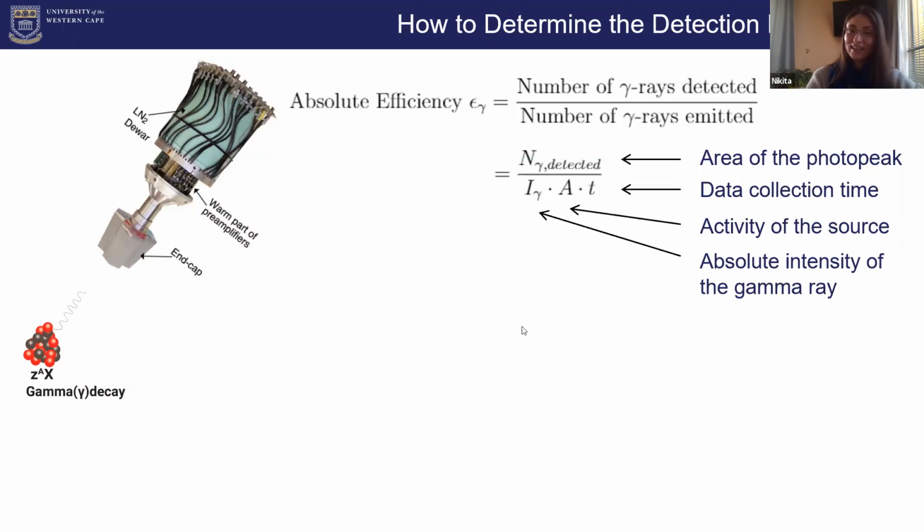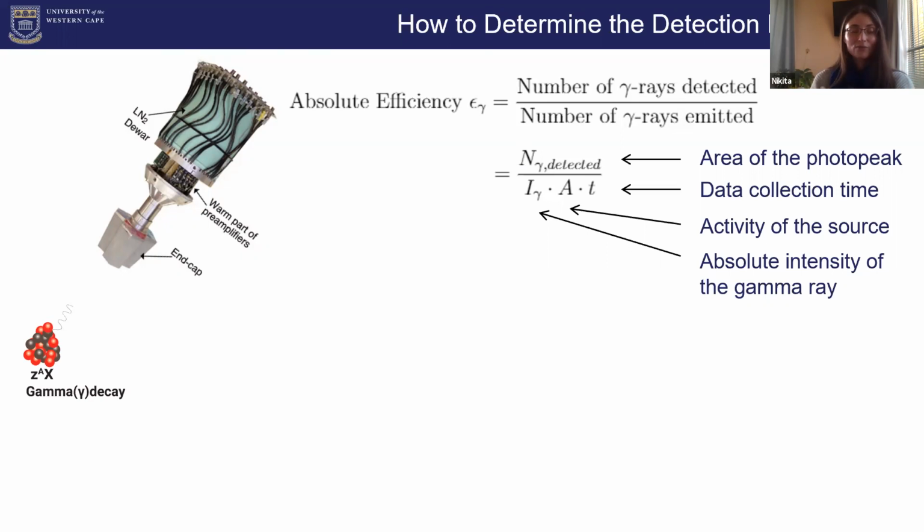Simple as that. The only thing that we need to add in there is the absolute intensity of the gamma ray itself. So unless for each decay, a gamma ray of one energy comes out, then that is 100% absolute intensity. But if we have two or more gamma rays, we have to know what is the fraction of the time that we see that gamma ray.